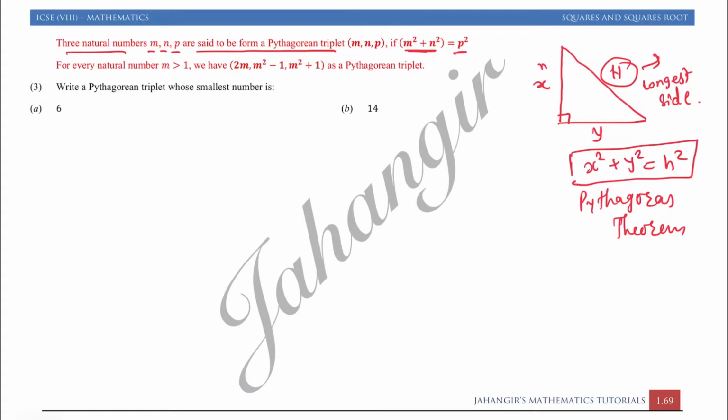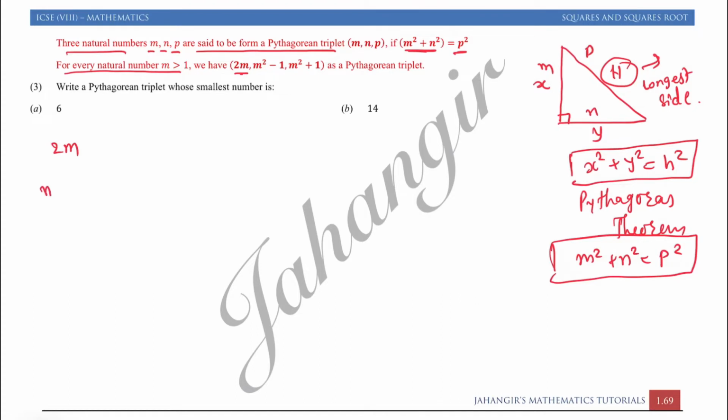I think everyone learned the Pythagoras theorem in 6th and 7th standard. Now for every natural number m greater than 1 we have these three values: 2m, m square minus 1, and m square plus 1. In that, 2m is the shortest side and m square plus 1 is the longest side.